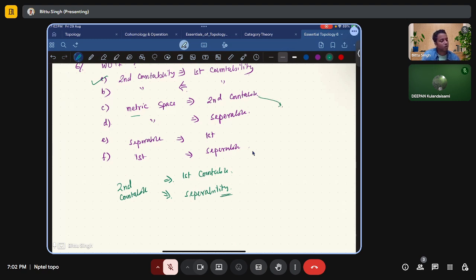For example, R, the real numbers, with the discrete metric. That is the same as saying discrete topology. So that is not second countable. Though this is a metric space, it is not second countable.